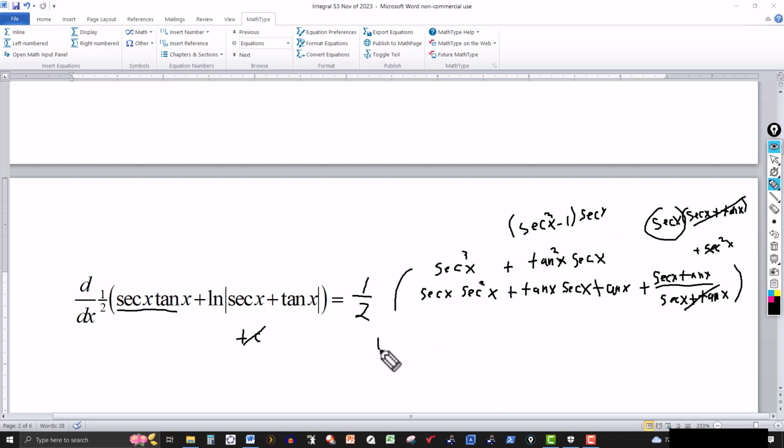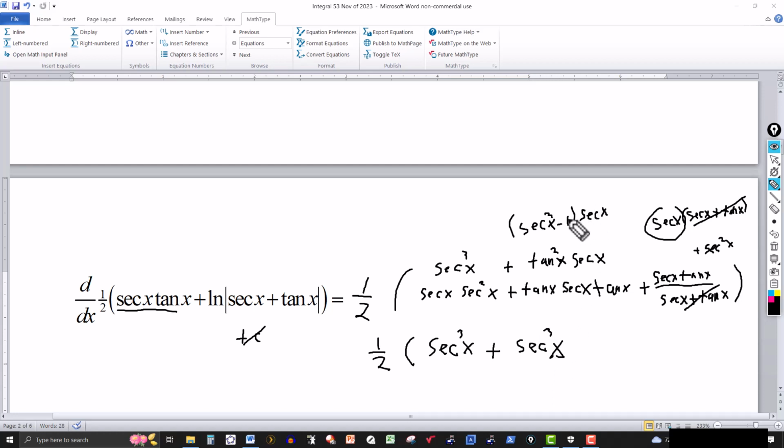So we have 1/2, and we have secant cubed of x. So just writing out what we have left. Now with this one here, if I multiply this out, secant times secant squared, that's secant cubed of x.